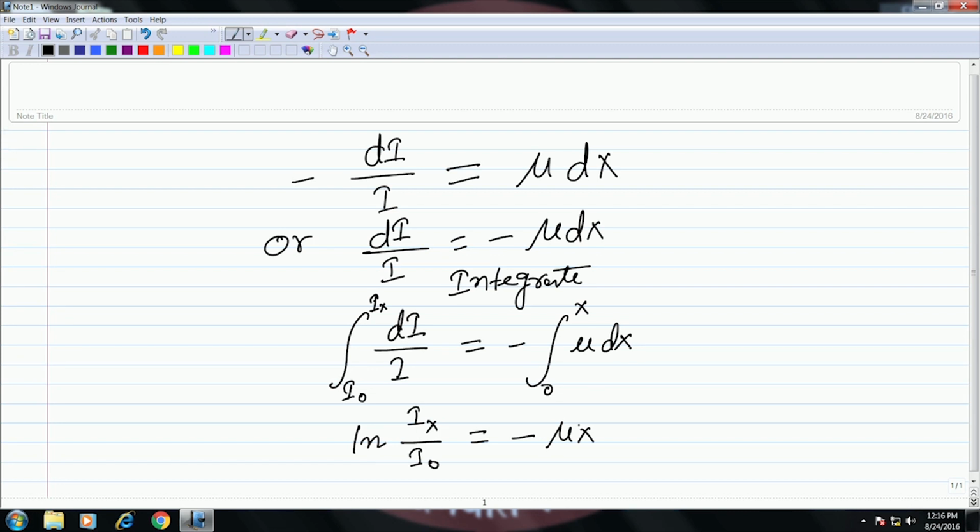From this you can write that I x by I naught is equal to e to the power minus mu x. And now this will be the basis of radiographic testing.